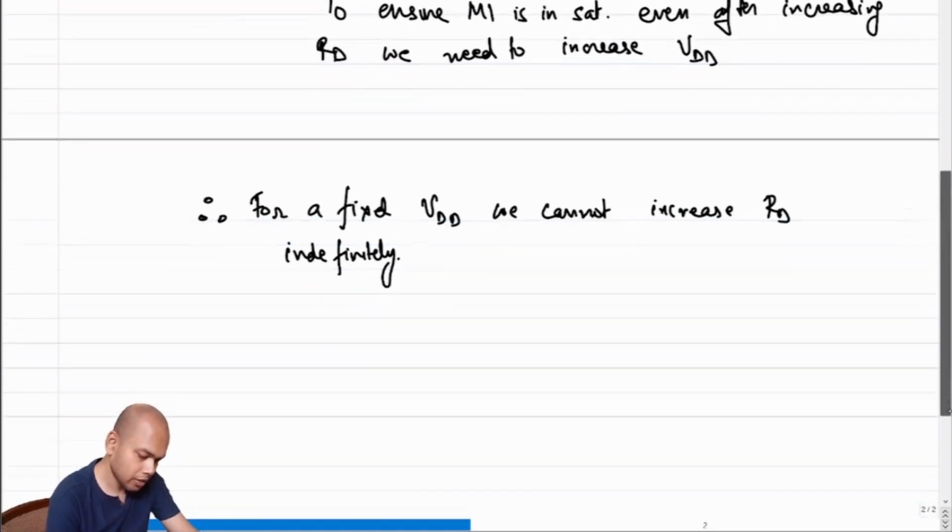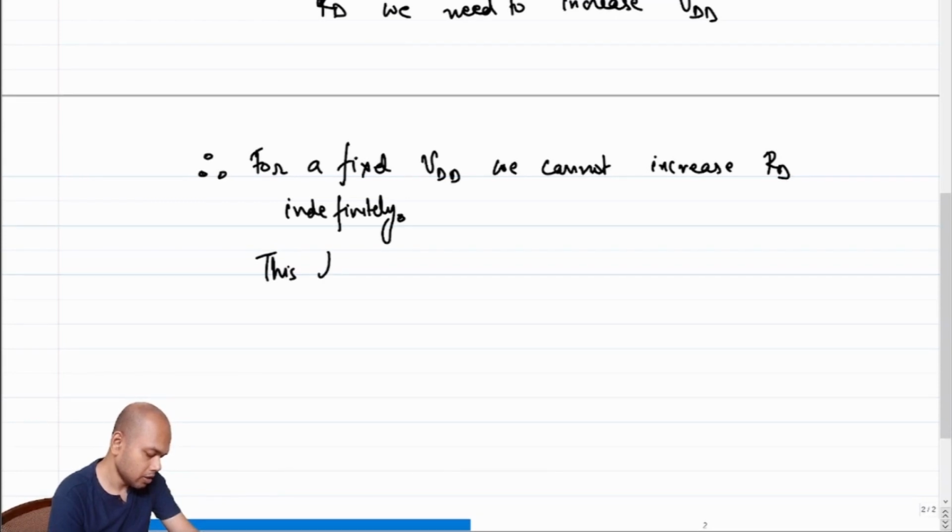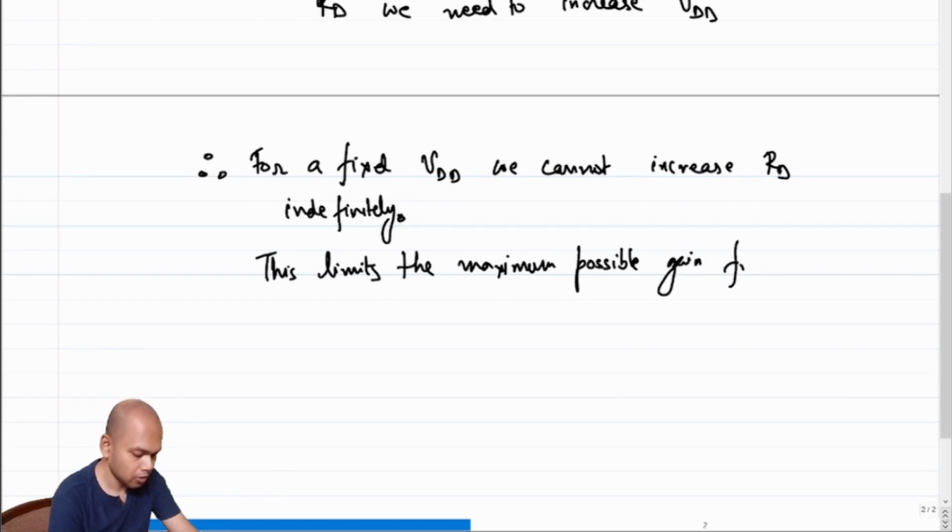Since we will not be able to increase VDD, this limits the maximum possible gain from a common source amplifier.